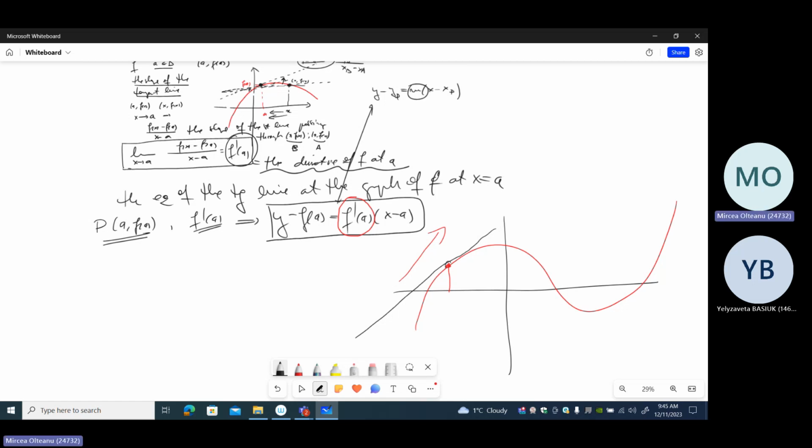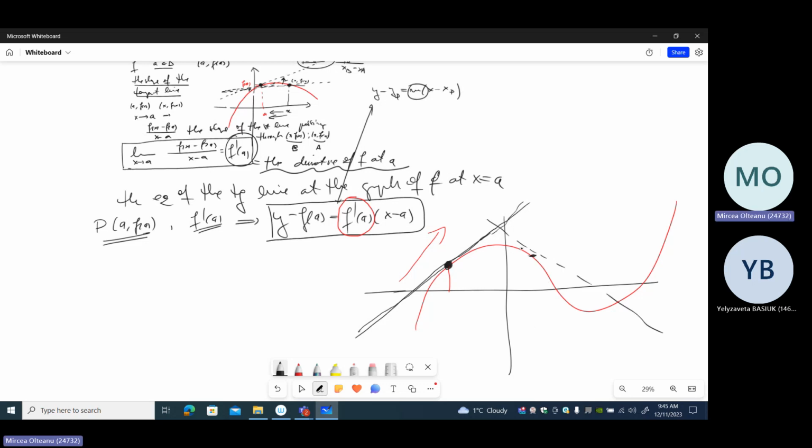So how is the slope of the tangent line in a region where the function f is increasing? How is the slope of this straight line? Positive or negative? Positive. So we discover the following. If the function is increasing, its derivative must be positive. For instance, here, the tangent line looks like this.